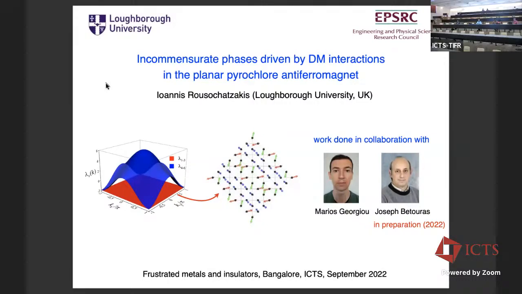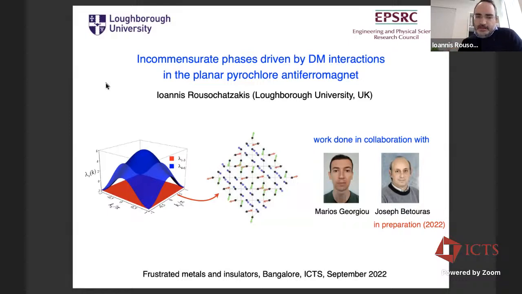Good. And then we will turn on chiral perturbations. The most natural one is the Dzyaloshinskii-Moriya interactions, which we will take a minimal model as a playground. And then we are going to ask what kind of phases do we expect in light of the fact that we have a lot of competing orders, and in addition that we break inversion symmetry by the Dzyaloshinskii-Moriya interactions.